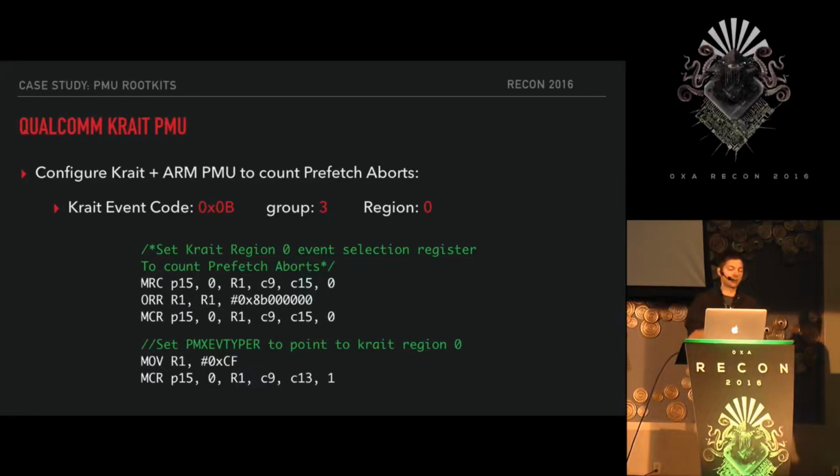And then we go back to the ARM event select register and we point it at Krait region 0 by coming up with this value CF, and you can actually look at the source in Android and see how this is encoded, both in their Scorpion and Krait PMU source. And basically, yeah, it allows you to extend the PMU and count custom events.